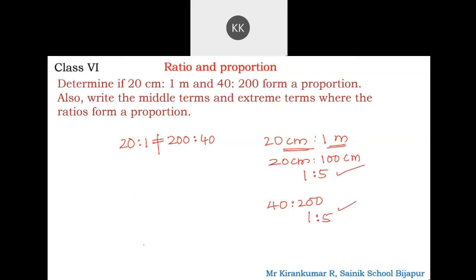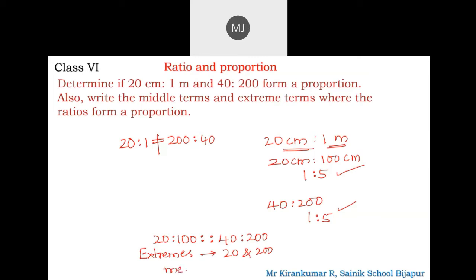So how do we write the proportion? 20 is to 100 is proportional to 40 is to 200. Also write the product of extremes and product of means. Which are the extremes here? 20 and 200.